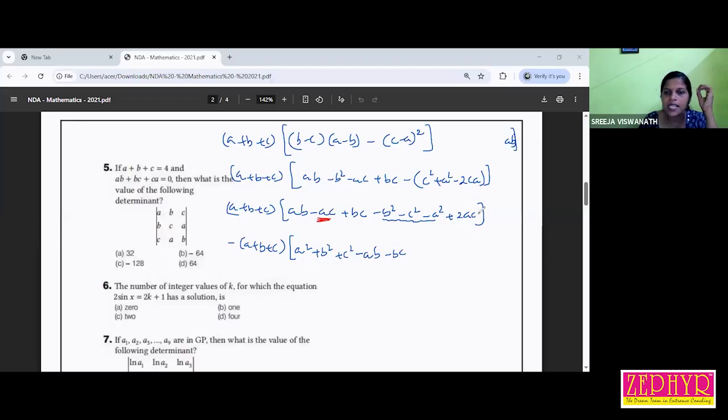Here we have minus AC and plus 2AC, that is plus AC. Now, if we take the negative outside, that is minus AC. So this is the final: minus of A plus B plus C times (A square plus B square plus C square minus AB minus BC minus AC). Now, given that A plus B plus C equals 4 and AB plus BC plus AC equals 0.